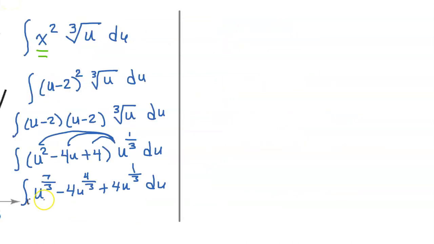Now we can use the power rule of integration to integrate term by term. Adding 3 over 3 to this exponent gives us 10 over 3. But then we need to divide by the new exponent. Dividing by 10 over 3 is the same as multiplying by 3 over 10. Now, adding 3 over 3 to 4 over 3 gives us 7 over 3.